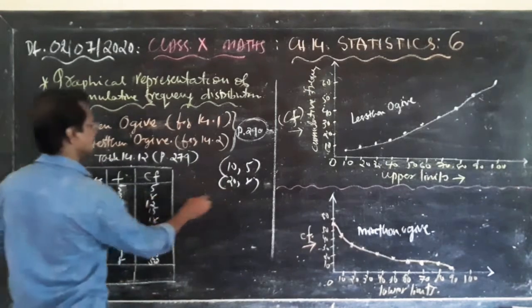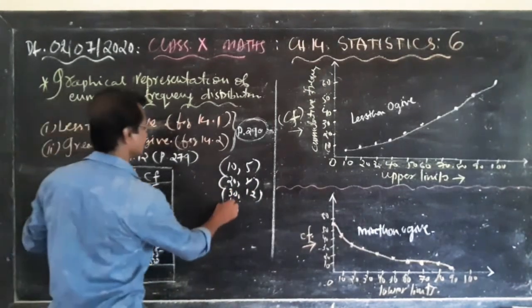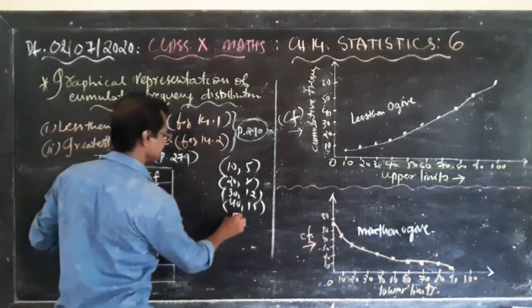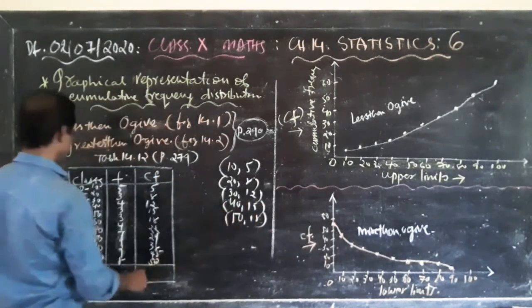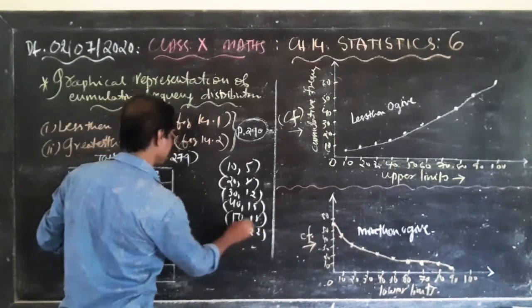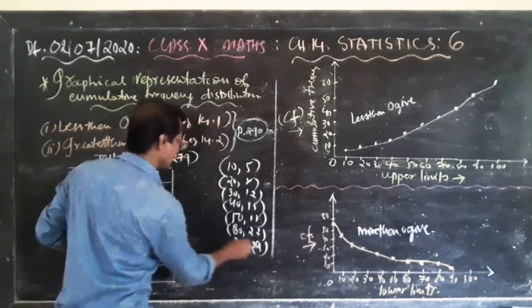Third one is 30, 12. Then fourth one is 40, 15. Then 50, 18. Then 60, 22. Then 70, 29.